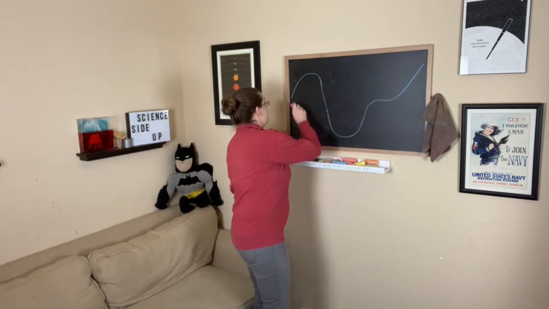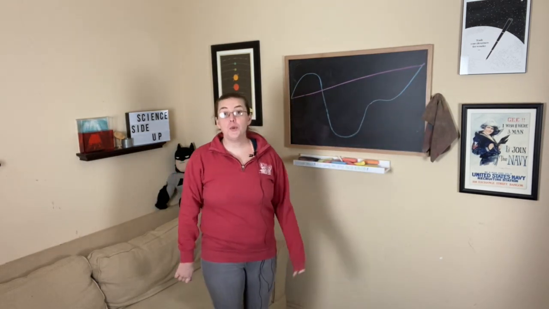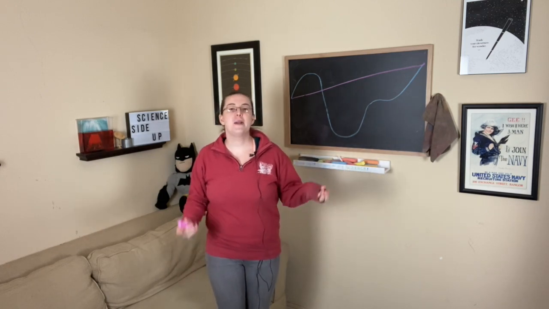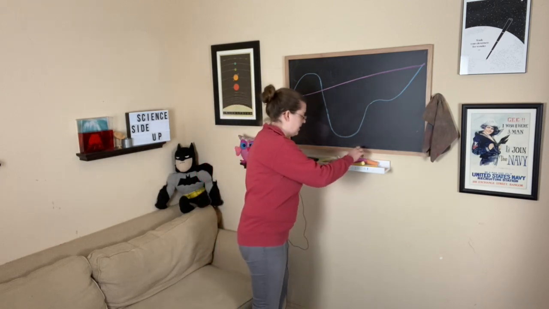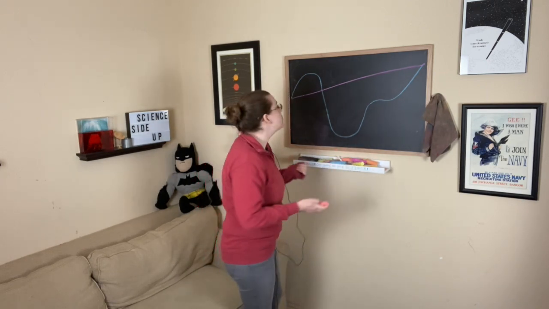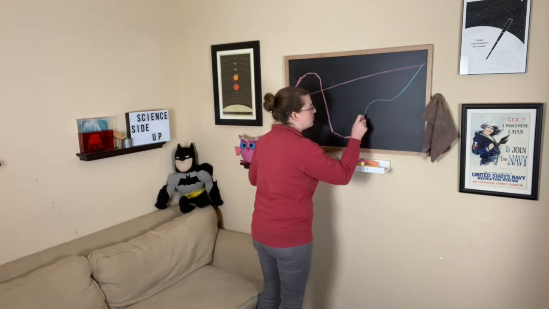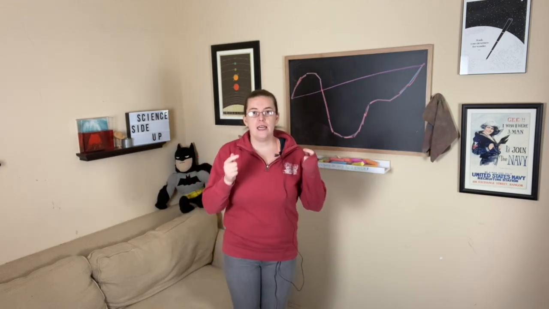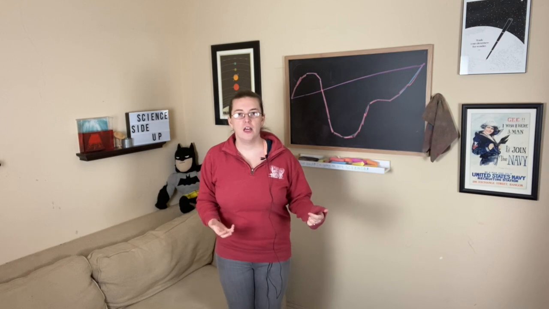So that line would be an absolutely terrible approximation for the curve, right? But if I broke the curve down into itty bitty pieces and started going like this, then that's a decent approximation of our curve, right?